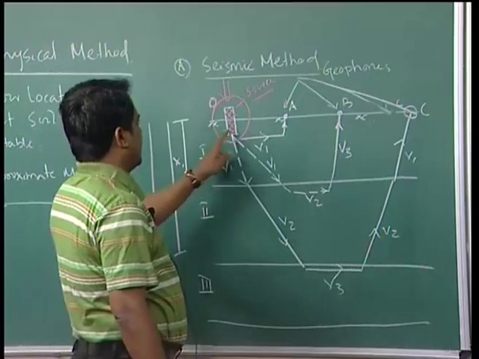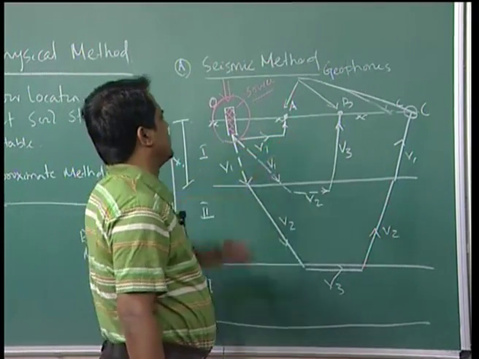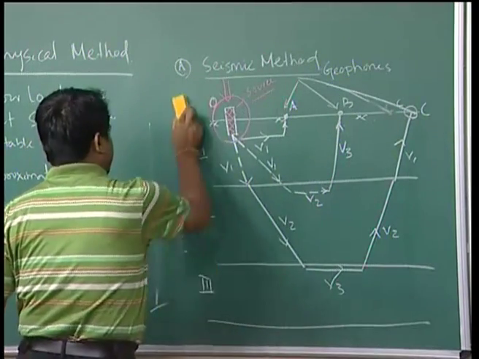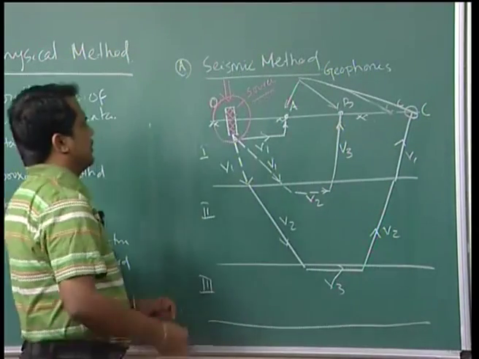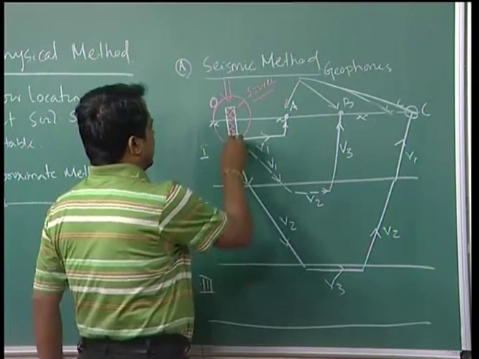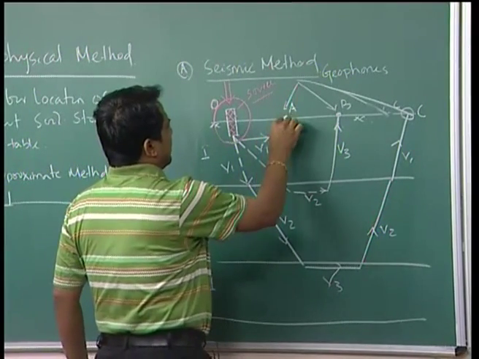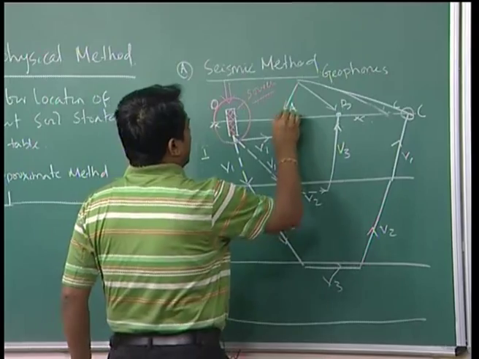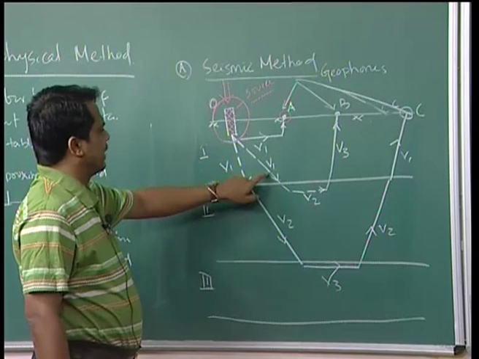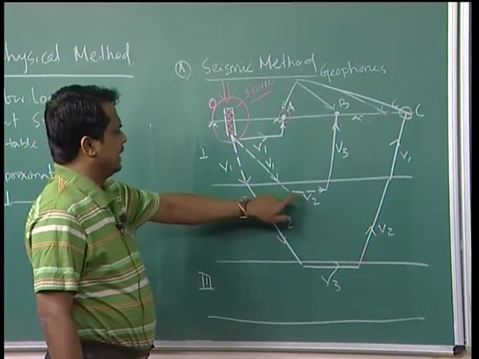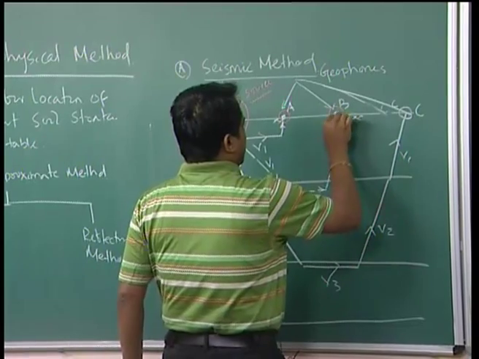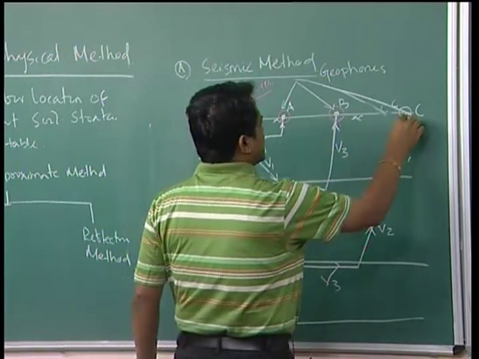From source at equal distance you put geophones A, B, C. The moment shock wave you create, it will first travel and be received by velocity v1 at the first geophone located at point A. Then the shock wave also will travel at velocity v1 in layer 1, then it is refracted in layer 2, so that you will receive wave at point B. Similarly, for third layer you will receive wave at point C.